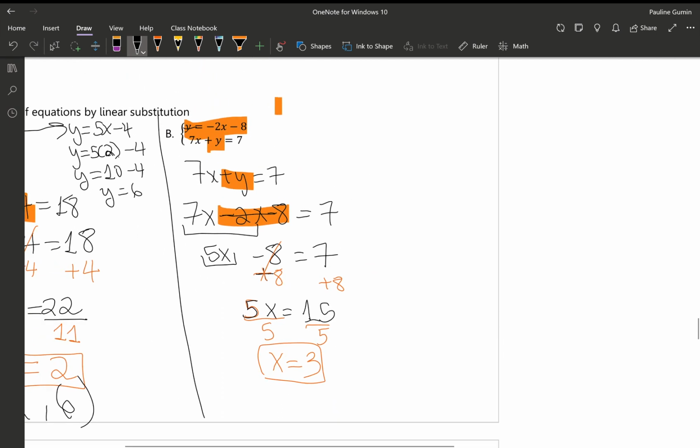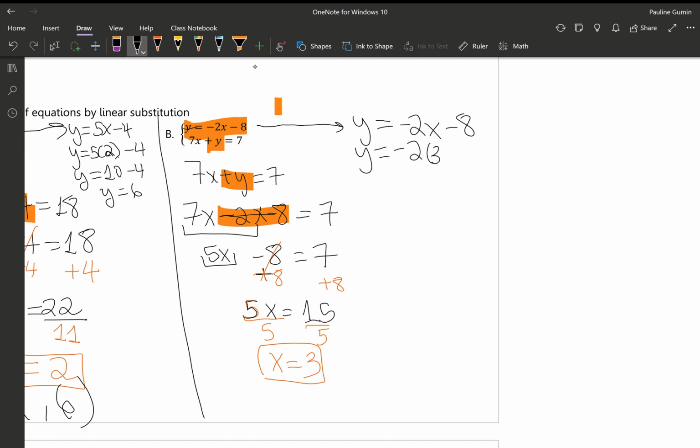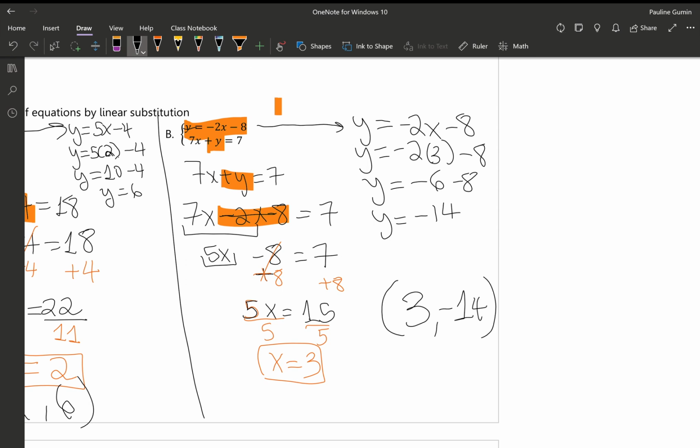Now that we have x, we can plug it into that top equation and find y. So instead of negative 2x minus 8, we can write negative 2 times 3 minus 8. Negative 2 times 3 is negative 6. And negative 6 minus 8 is negative 14. So our final answer is 3, negative 14, because we always write x, y.